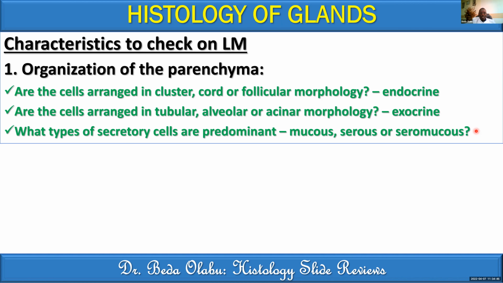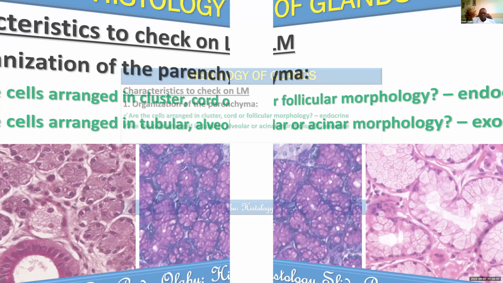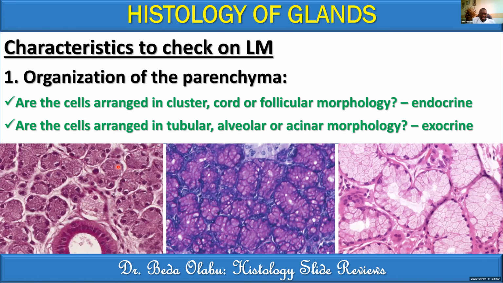Are they mucus acini? Are they serous acini? Or are they seromucus acini? In the previous image, the ones which take stain deeply are termed serous acini, like the first image. The ones whose acinar cells don't take up stains are termed mucus acini.